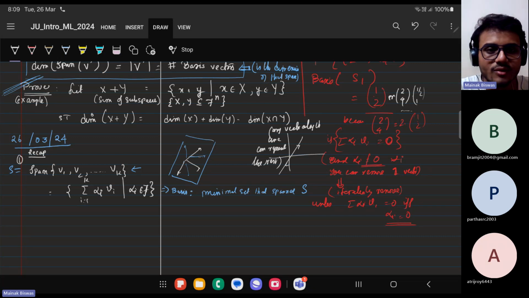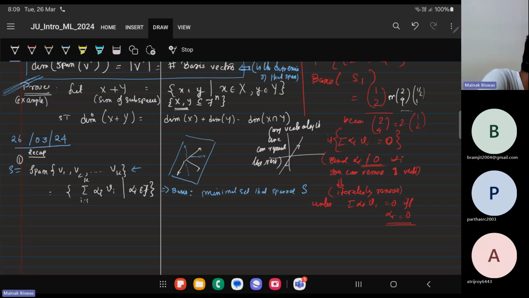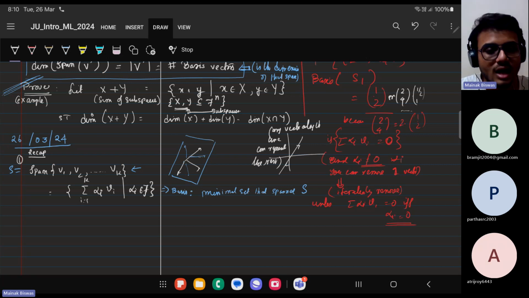So x and y are subspaces of a vector space. For example, you can have a line and a plane, which are subspaces of R3.